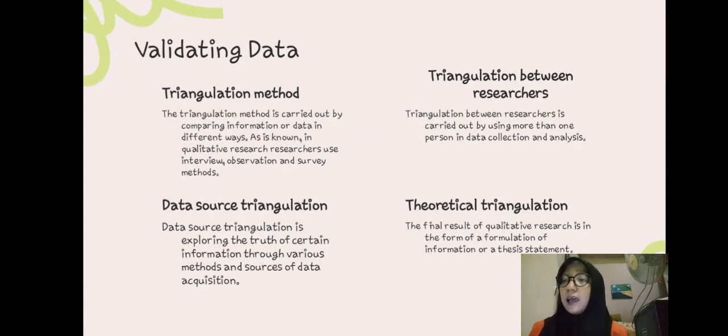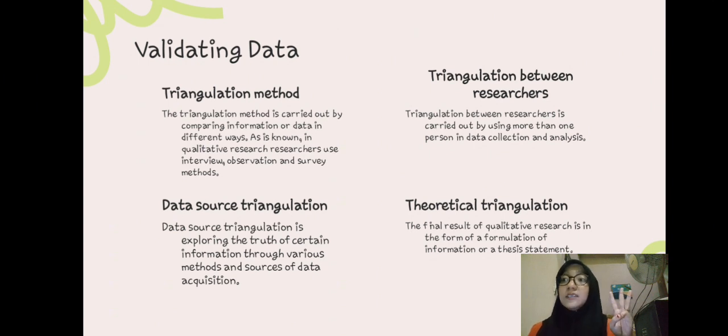Validating data. Number 1, triangulation method. The triangulation method is carried out by comparing information or data in different ways. Number 2, triangulation between researchers. Triangulation between researchers is carried out by using more than one person in data collection and analysis.